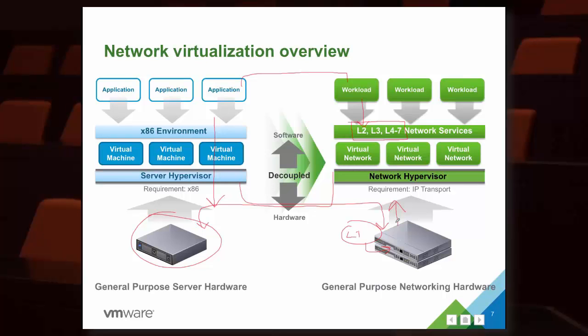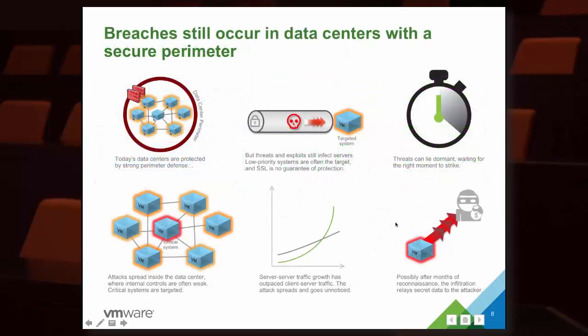So now that we know the what of NSX, let's talk about the why. Why do we still need to address this? Well, just because we've addressed inbound and outbound data center security in the past, and we've protected the data center perimeter, it doesn't mean that we've protected all the other facets of the data center.